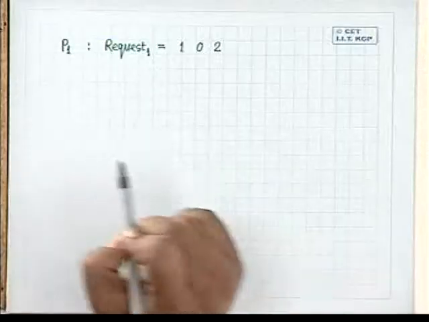Now, we have to check whether this request can be granted immediately or not. So if we want to grant this request, then we have to again go back to the Banker's algorithm. In the Banker's algorithm, first we have to check whether this request vector of process P1 is less than or equal to need or not.